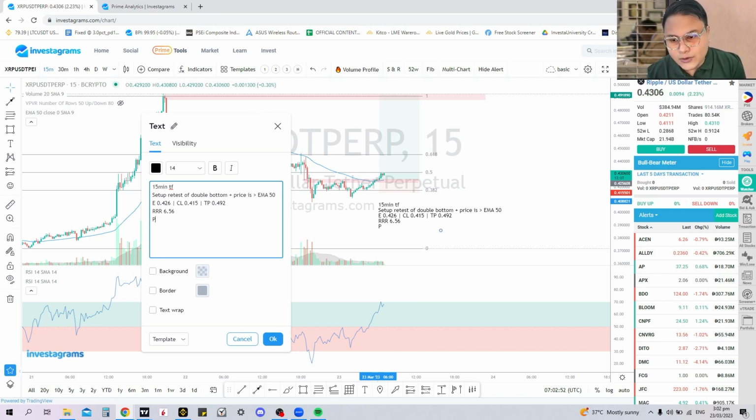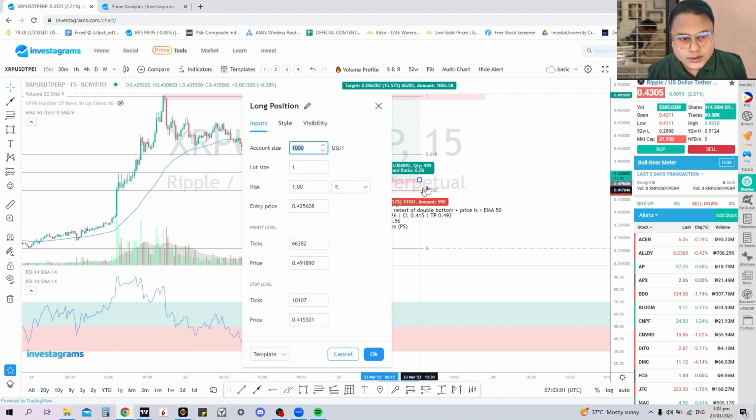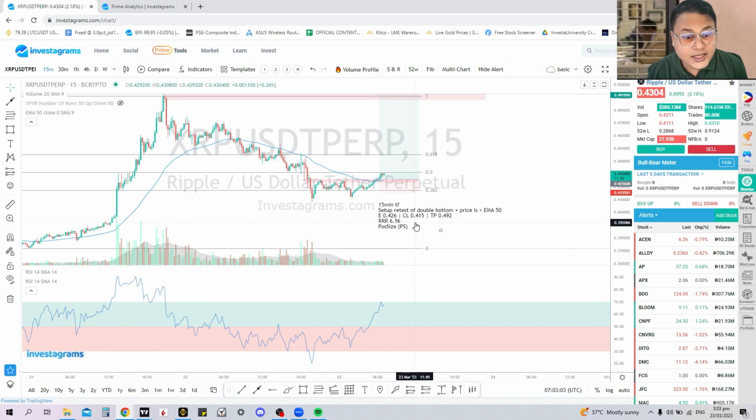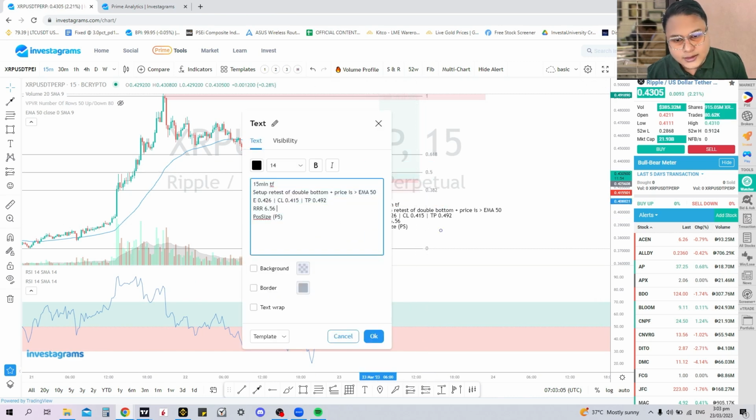Next step is our post size. Post size or also known as PS. So, our post size based on this long tool is 989 XRP at 1% risk or 10 USDT na risk.